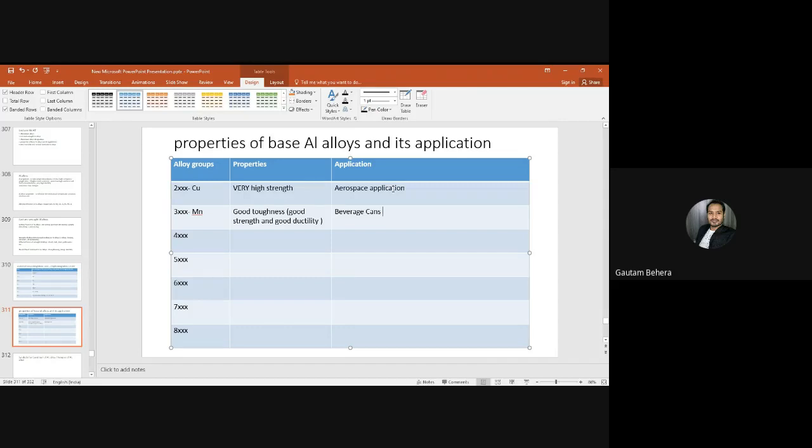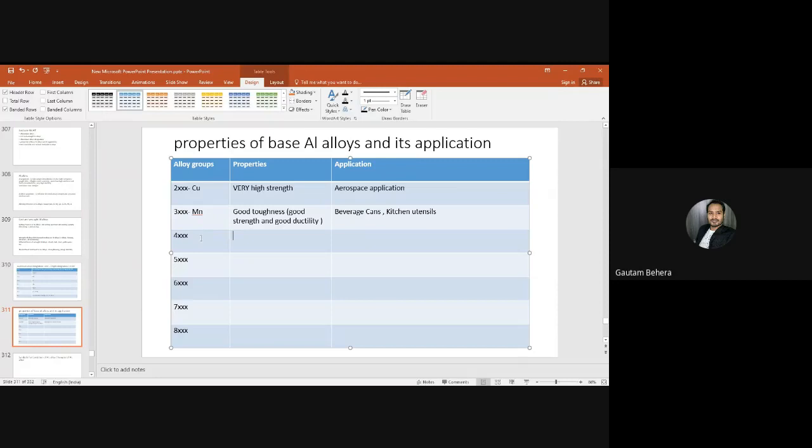It also has good strength, and sometimes good corrosion resistance. Aluminum kitchen utensils are also made of this aluminum manganese alloy.